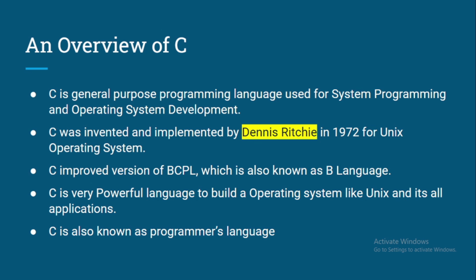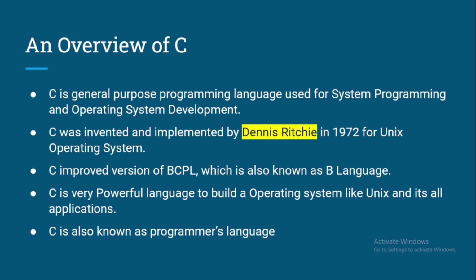So you can imagine how powerful a language it is, that we built the Unix operating system in C. And C is an improved version of BCPL, which was an old language before C, and it was also known as B. So Dennis Ritchie used that language, made some improvements in it, and invented a new language which is C. Before it was B, and C is the next alphabet after B, so that is the reason this language is known as C, right?